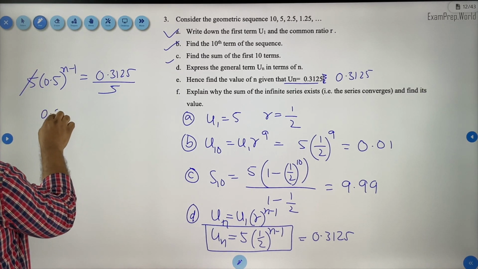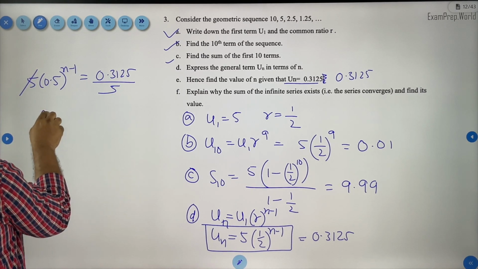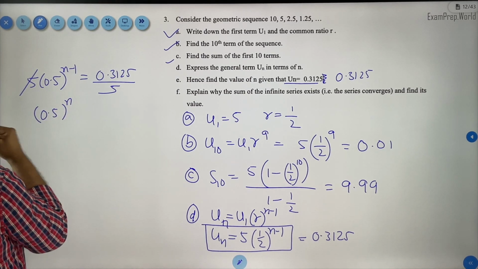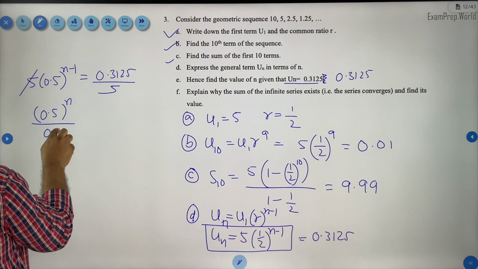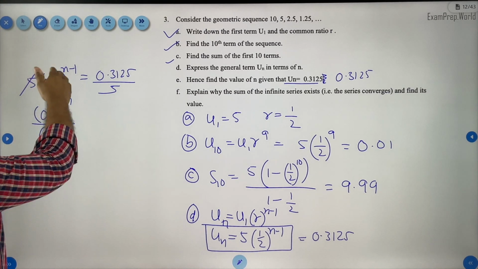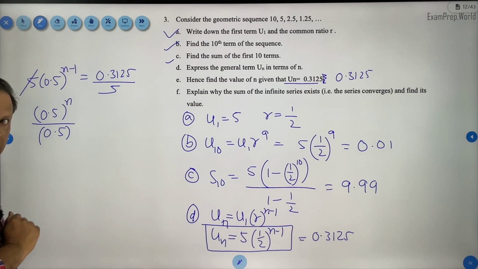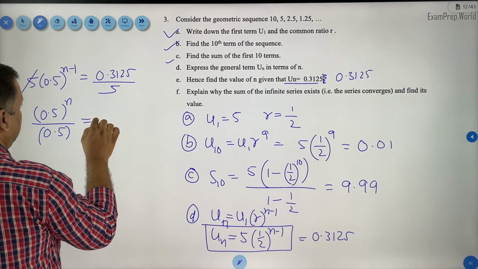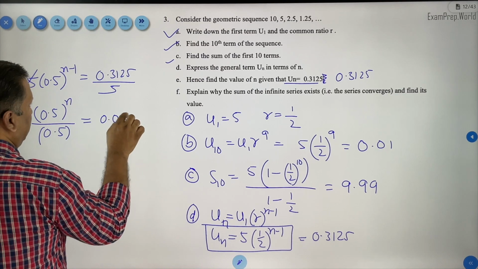So 0.5 whole to power n divided by 0.5. I am writing it like this. Okay, n minus 1 is n minus 1. I am using the techniques of exponents, right? Equals 0.0625.